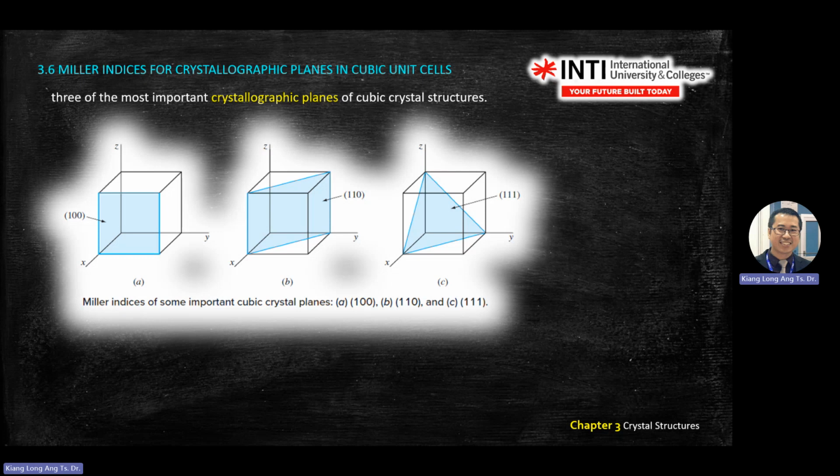Okay, 0 means infinity. Then 111 means all the corners slanted at certain angle. X1, Y1, Z1, then you draw the plane. This is called Miller numbers. So this 111, this is HKL, without comma. If you put comma, it becomes position already.